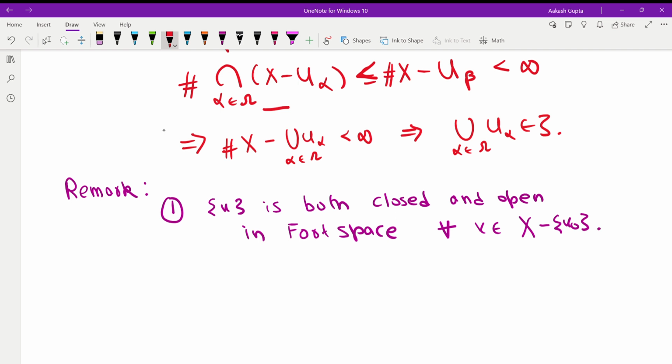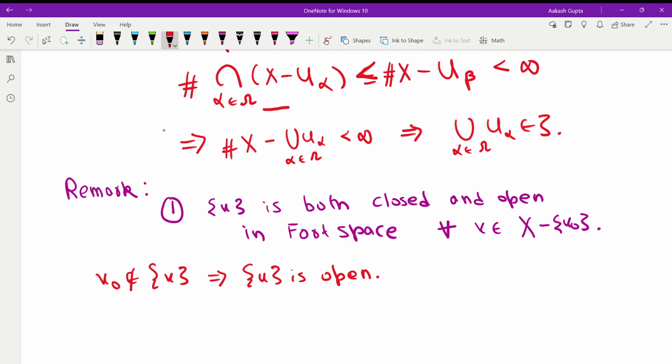Okay guys, let us see why. Now, x naught is of course not in singleton x, right? So this means singleton x is open. Good. Now, let us see why this singleton x is closed.